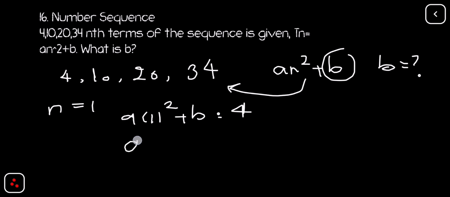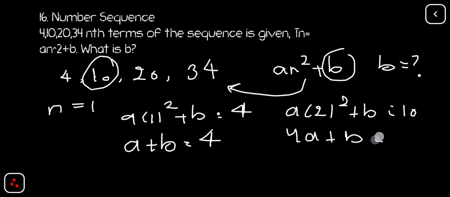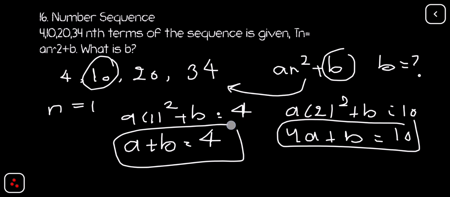So we have a plus b is equal to 4. And now what's the second term? The second term, we can write a times 2 squared plus b, and the second term is 10, so it is equal to 10. And this is 4a plus b is equal to 10. So we have this one and we have this one.